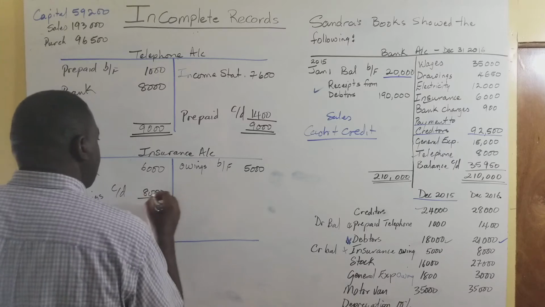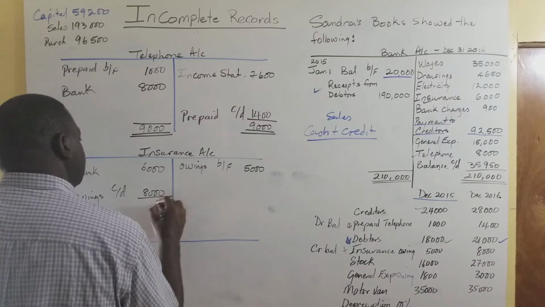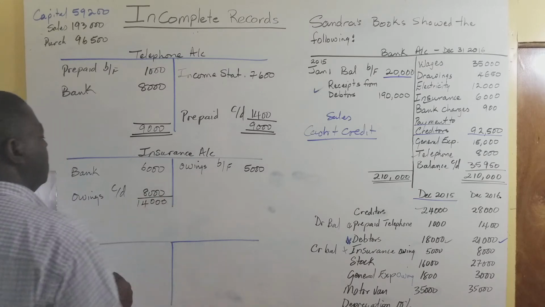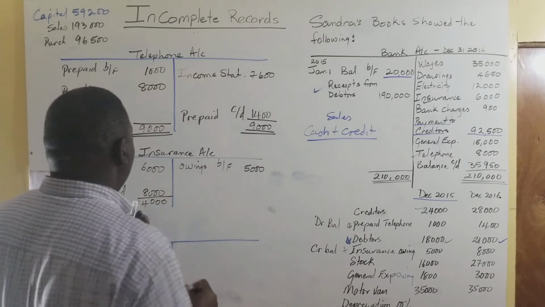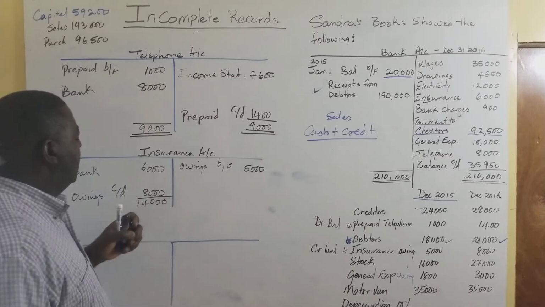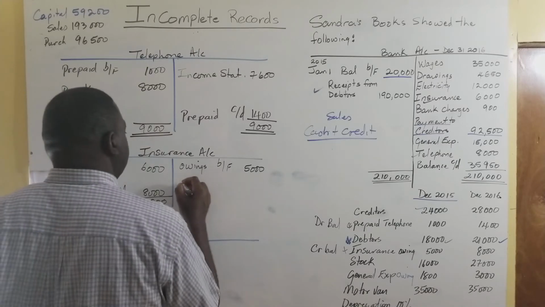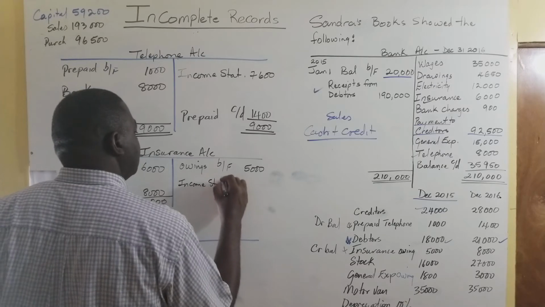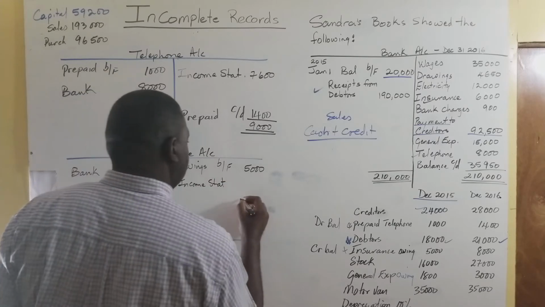All right, we're going to add the totals. That is going to be 14,000. We'll now subtract the 5,000 from the 14,000, and the difference is going to go to our income statement.